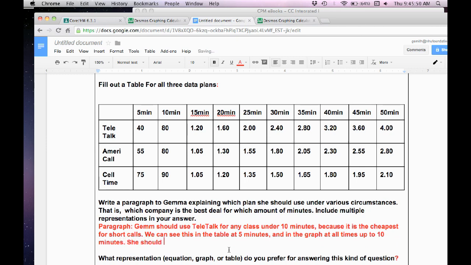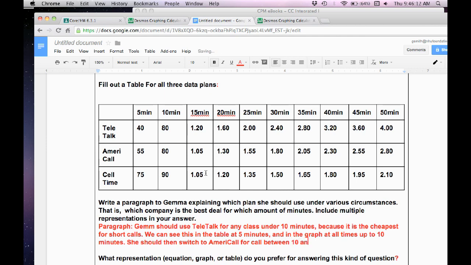She should then switch to Americol for calls between, let's see, at 10 minutes, Americol gets as good as Teletalk, and it stays good up until 15 minutes when cell time catches up.